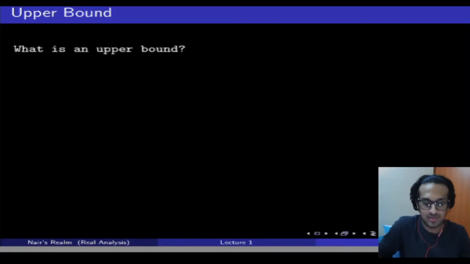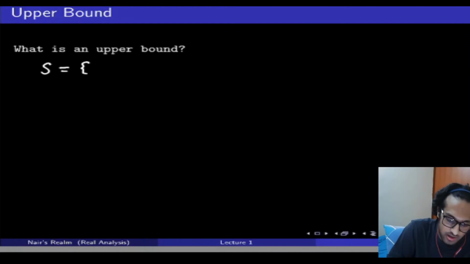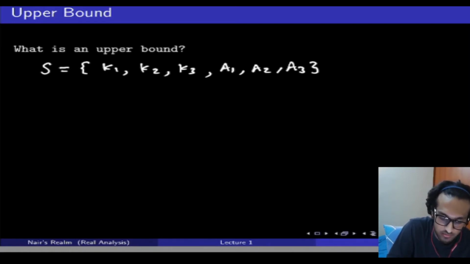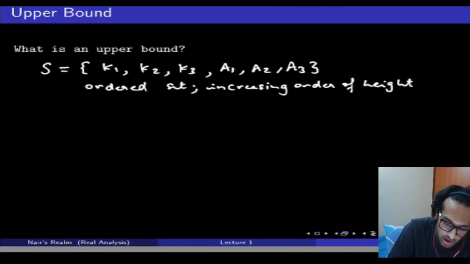I'm going to take an example again, and this time I'm going to take a set S. Let's say it has elements k1, k2, k3, a1, a2, and a3. It's an ordered set, and the elements are arranged in increasing order of height, let's say.